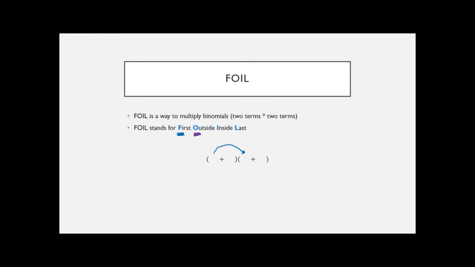Outside is referring to the two outside numbers there. You multiply those together. Inside is referring to the inside numbers. And then last is referring to the last thing in both terms.